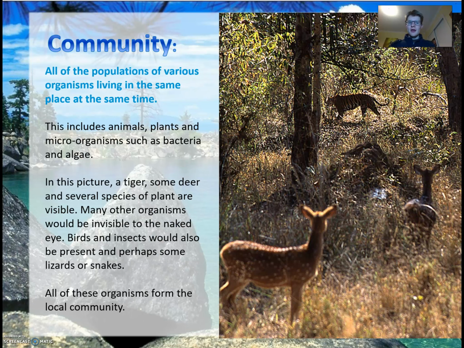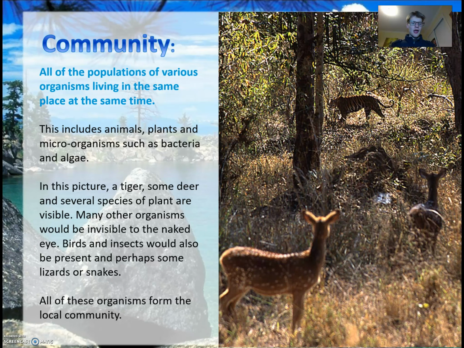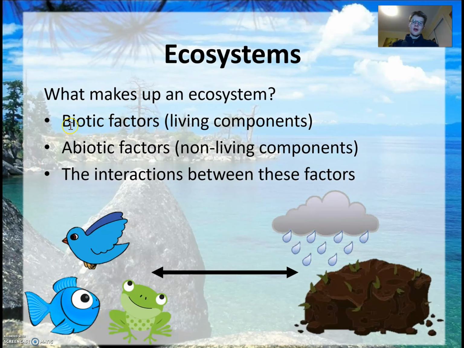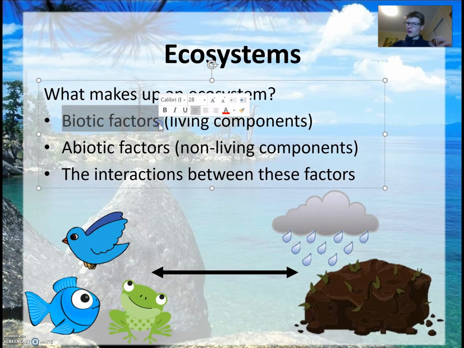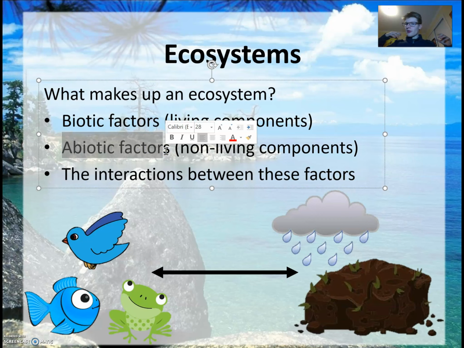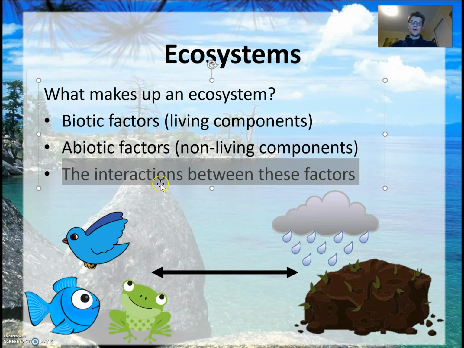A community is all the populations of various organisms living in the same place at a given time. And finally, an ecosystem is all the biotic factors, so the whole community, and the abiotic factors, so the environment around them, and the interactions between these two factors.